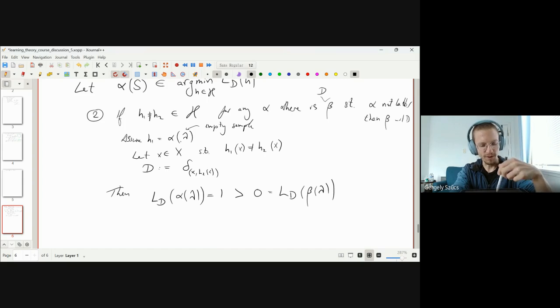But for this, it's interesting to just consider the empty sample, and then it's very easy to construct a counterexample where beta does exactly the right thing.